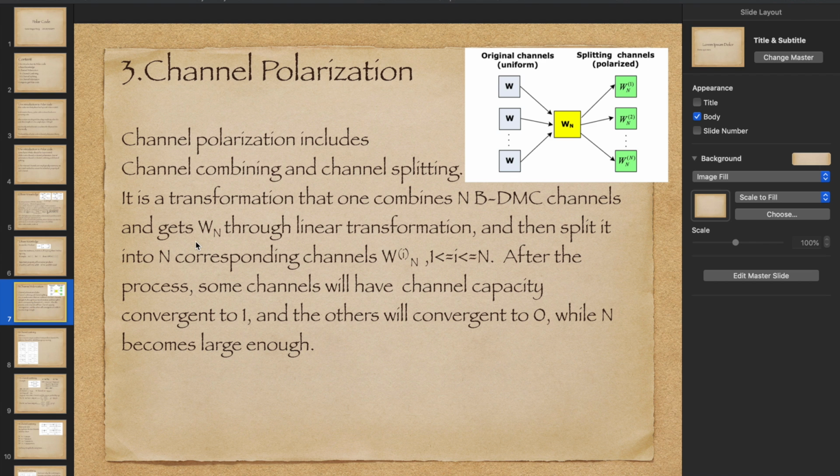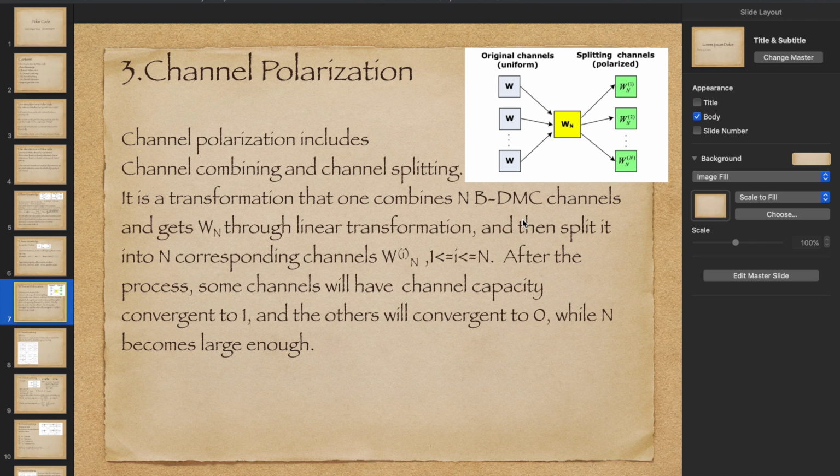So channel polarization, as shown in the picture, includes channel combining and channel splitting. It is a transformation that combines n independent binary discrete memoryless channels and gets a union W_n through linear transformation.